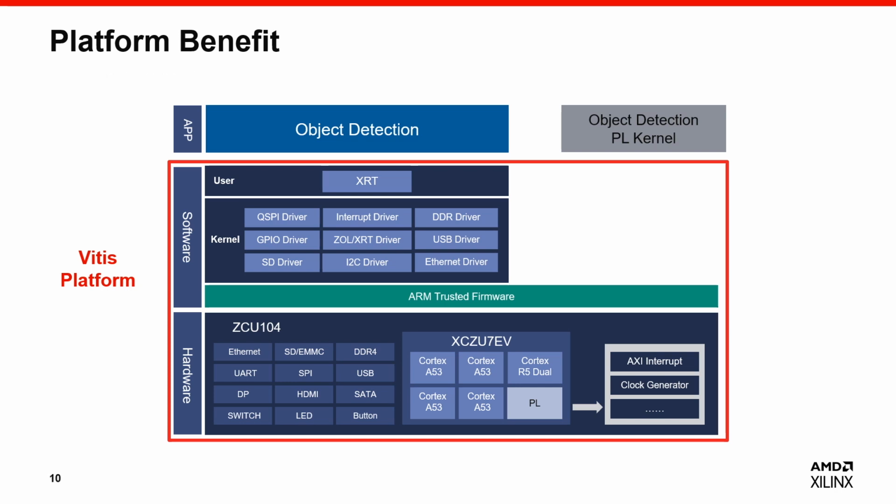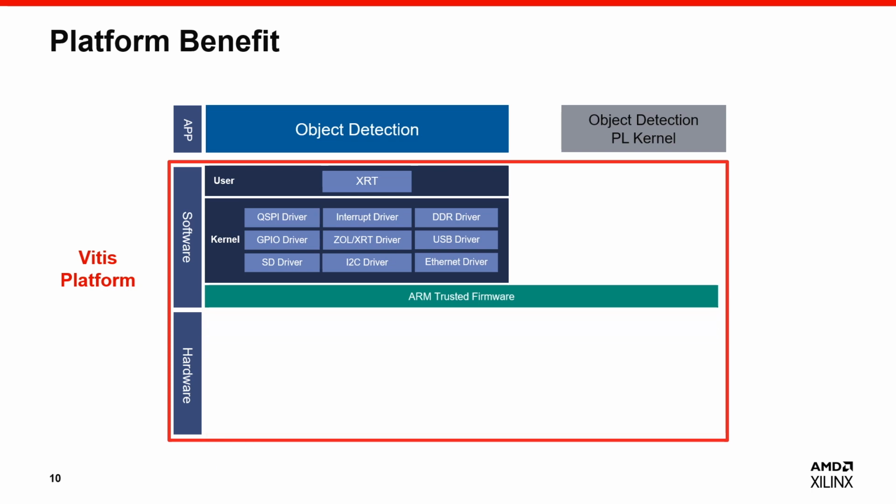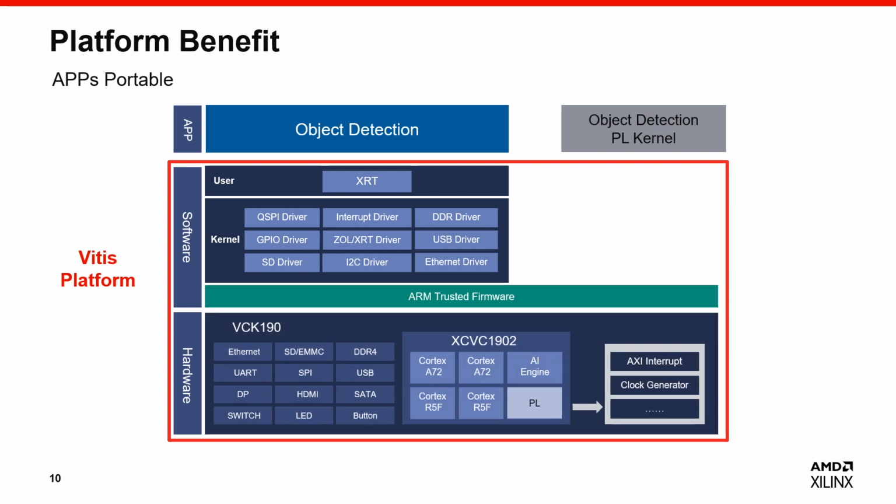This kind of architecture makes the apps portable as well, which means one application and acceleration kernel can be applied to different platforms with no code change. For example, the object detection acceleration kernel can be applied to the ZCU104 platform. Embedded platforms like the VCK190-based platform can also work well. Similarly, application developers can easily port their applications and acceleration kernels to other platforms with the same interface.